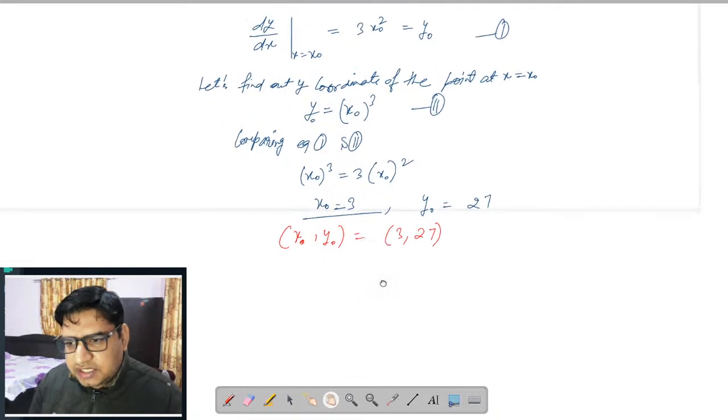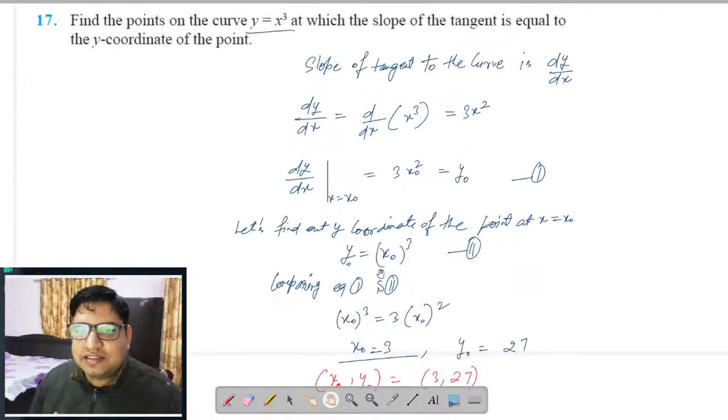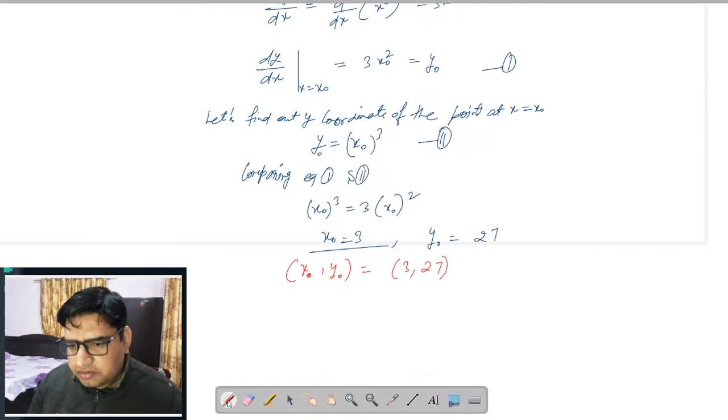And we were supposed to find these points, and there can be one more point, and the point can be 0, 0.